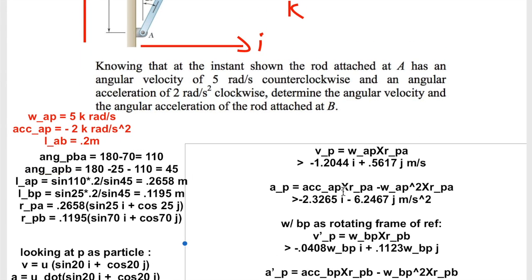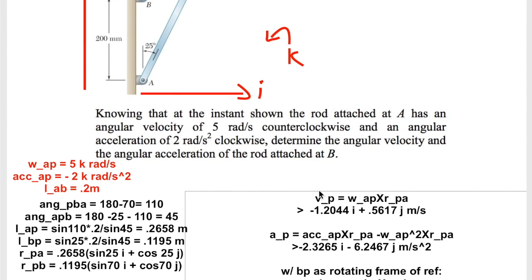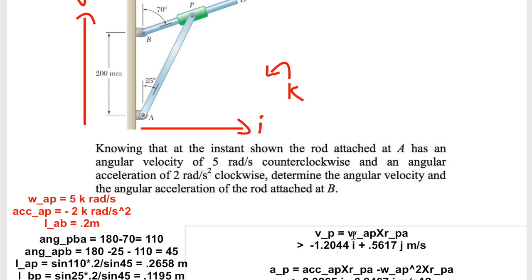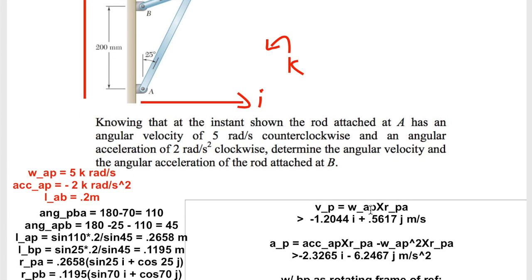With that knowledge, we can find the velocity at P, which is the angular velocity of AP crossed with R P/A. So this R here, we get this. We know the acceleration is the angular acceleration of AP crossed with R P/A, and we're subtracting the angular velocity squared times R P/A.